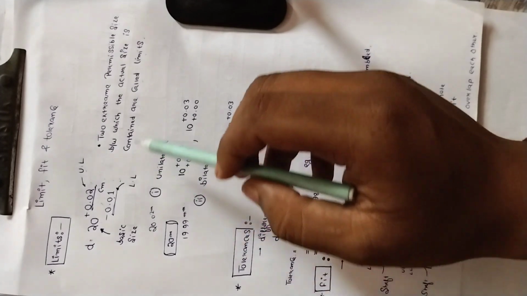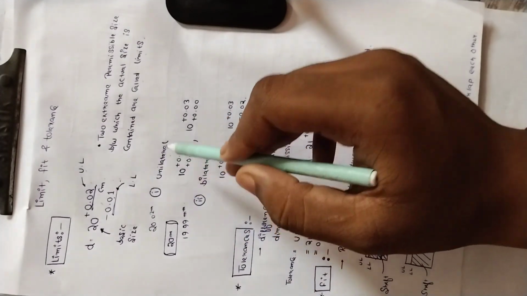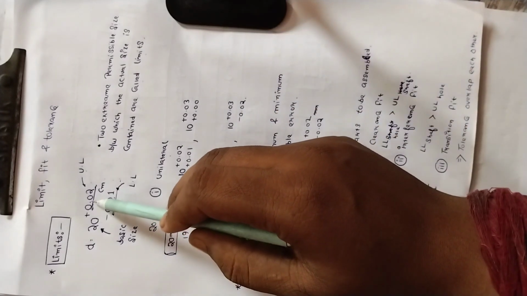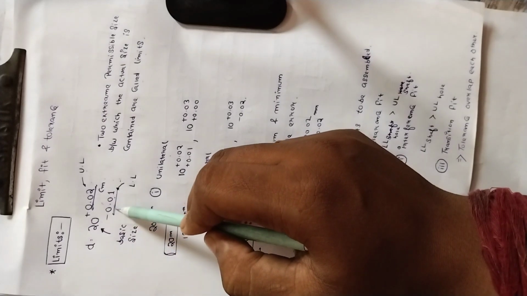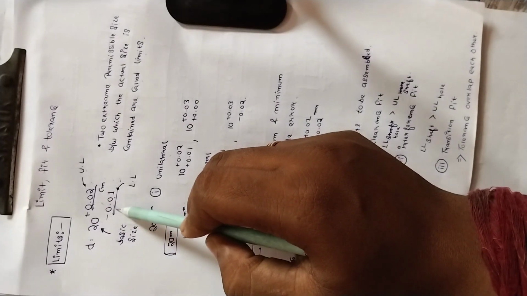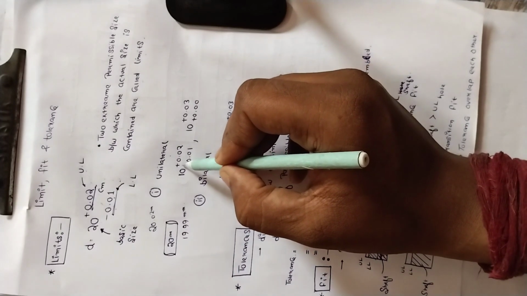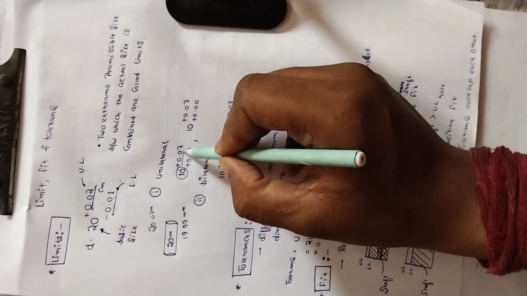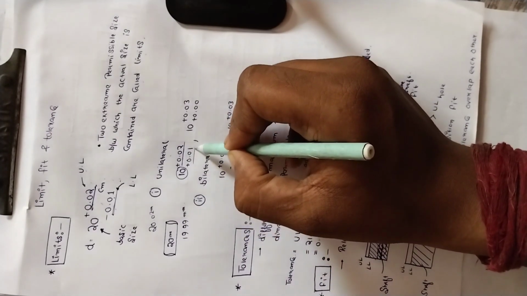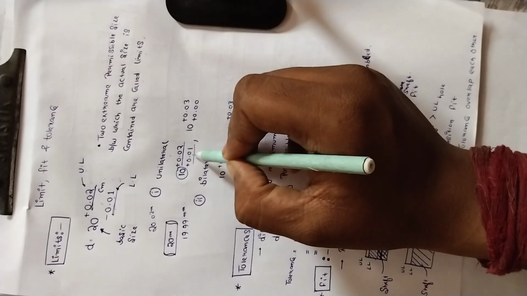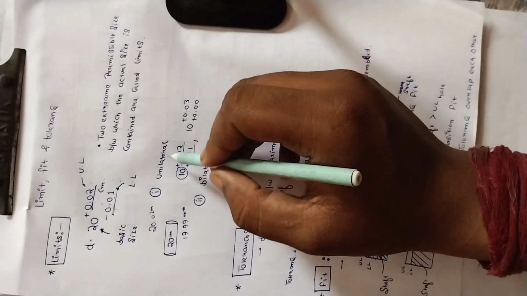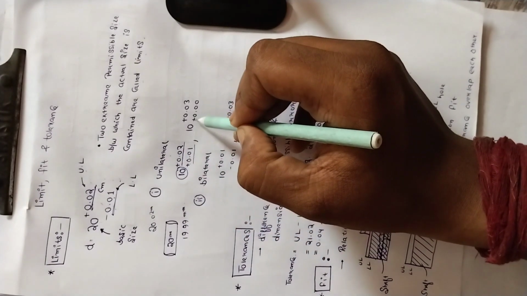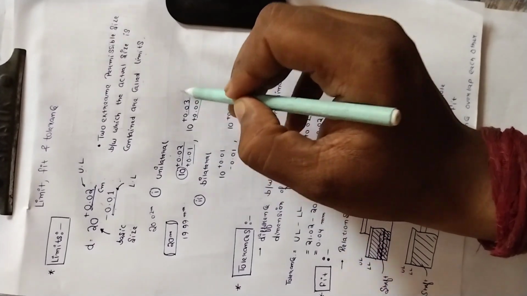Now limits can be of two types, one is the unilateral limit and another one is the bilateral limit. Here we have considered one positive and one negative. But suppose 10 is the basic size, and the upper limit is plus 0.02 and the lower limit is plus 0.01. This is known as unilateral, where both the upper limit and the lower limit are positive, or maybe one may be 0 and one positive.